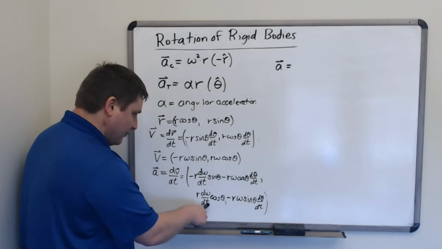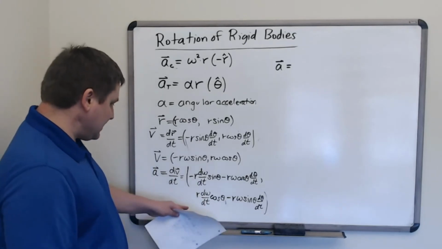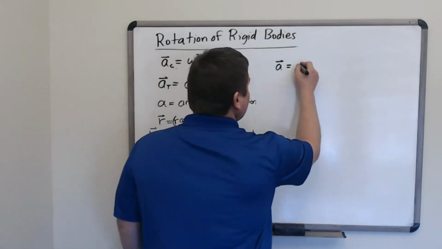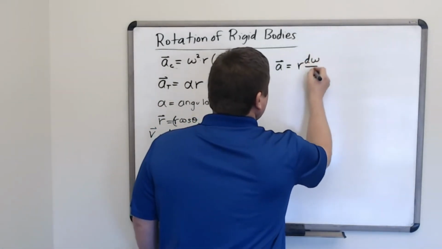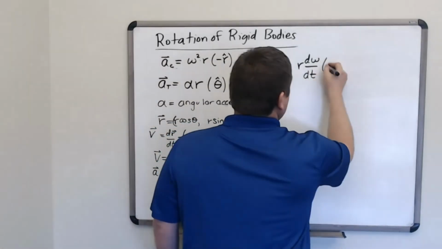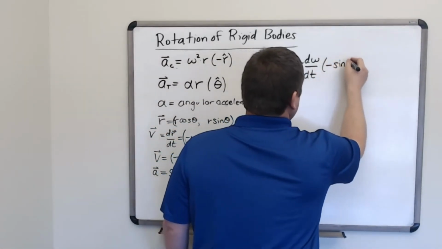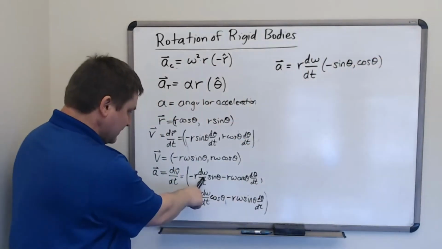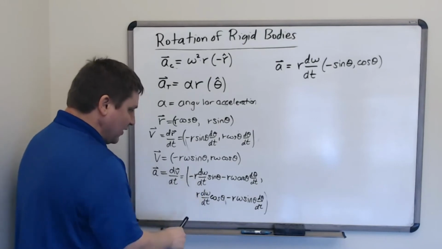I took the derivative on omega. So let's separate these out then into the pieces that are proportional to this derivative of omega. So the first two have minus sine theta and positive cosine theta. That's the first contributions to x and y.